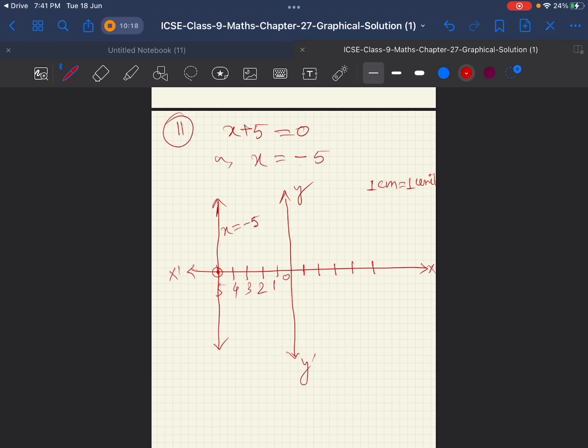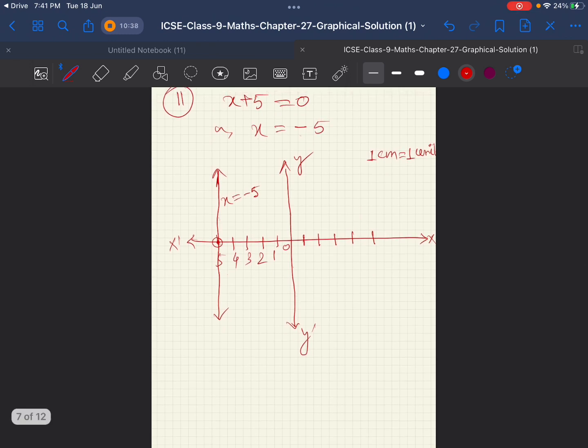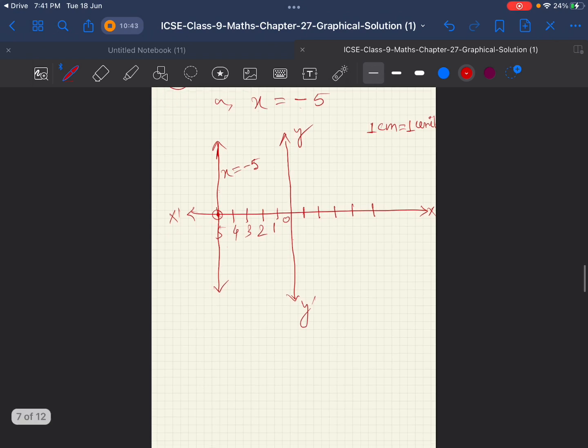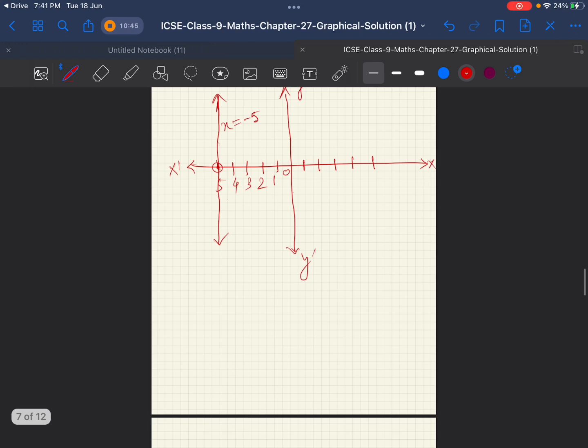This is the line x equals to minus 5. Here if x equals to minus 5, y will be 0. If x equals to minus 5, the value of y is 1. If x equals to minus 5, the value of y will be minus 1. So we can draw this line here. This is a line which is parallel to y axis.